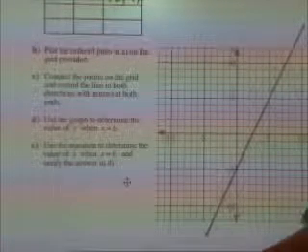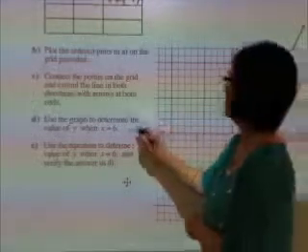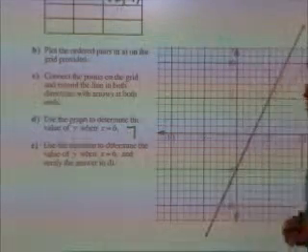So then the question says, use the graph to determine the value of y when x is equal to 6. So if I look at x is equal to 6, I go up to the line. This would be my point. What's the y value at that point? 7. So it says use the equation to determine the value of y when x is equal to 6.